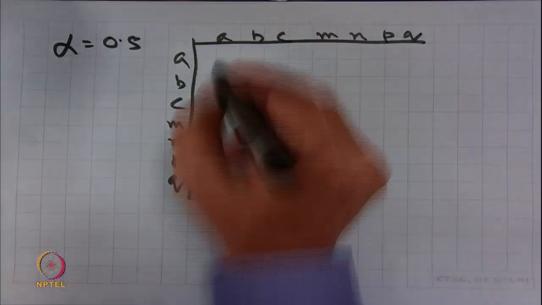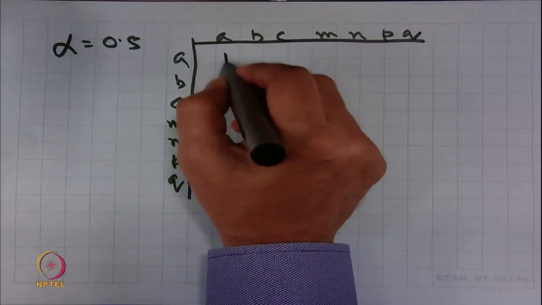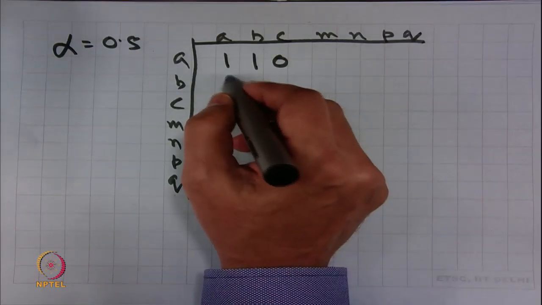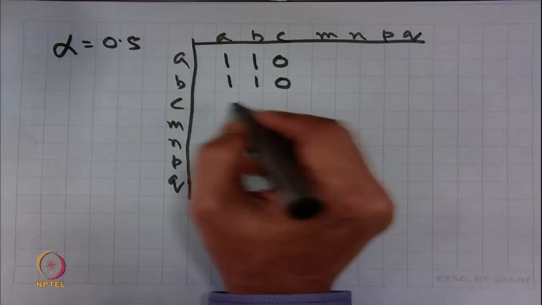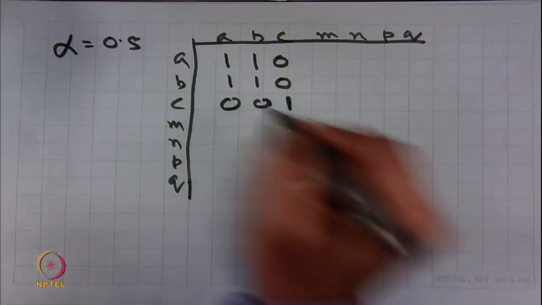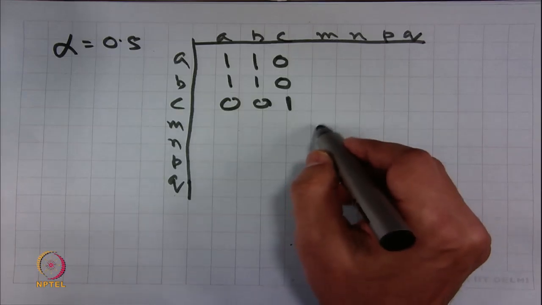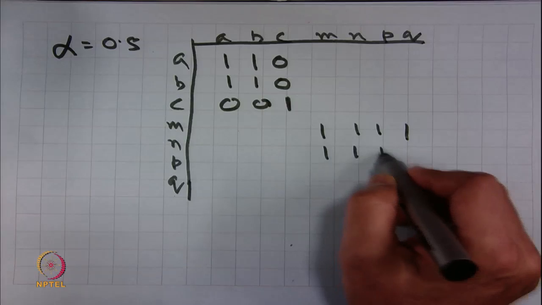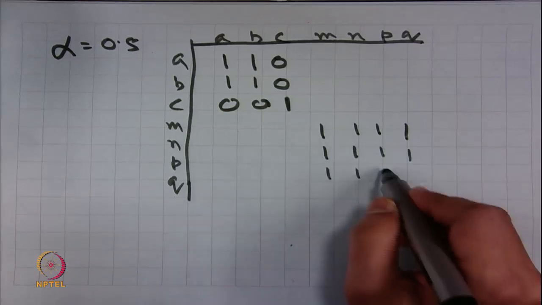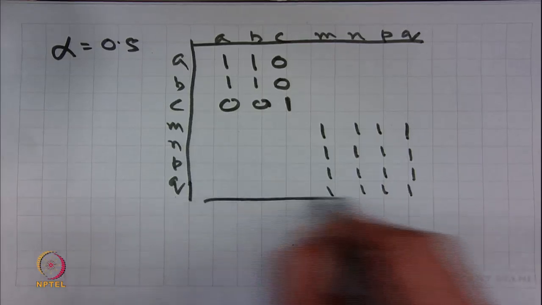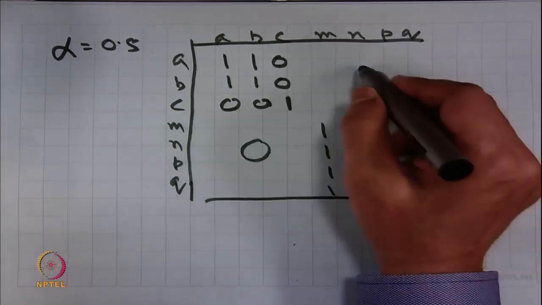So, the matrix now will look like 1 1 0, 1 1 0, 0 0 1, and here we will have all 1s and the rest are all zeros.